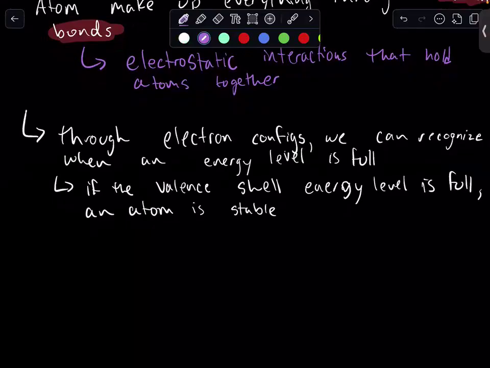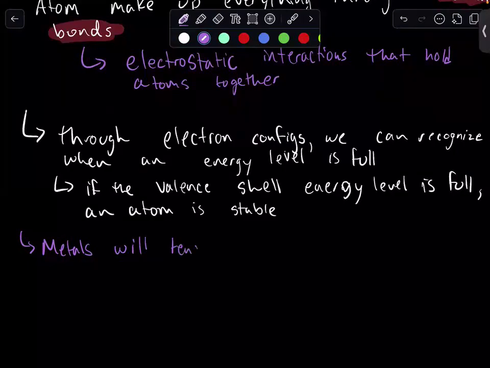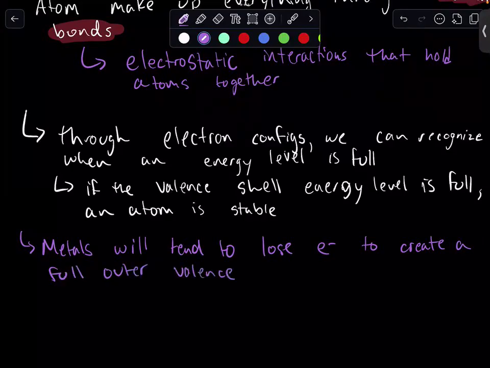And we have two types of atoms generally that we look at. Metals will tend to lose electrons to create a full outer valence shell.